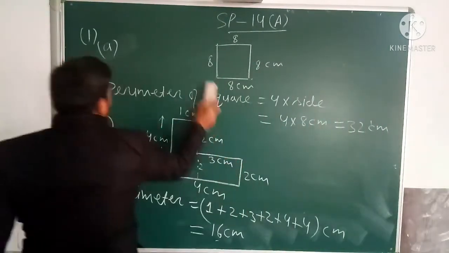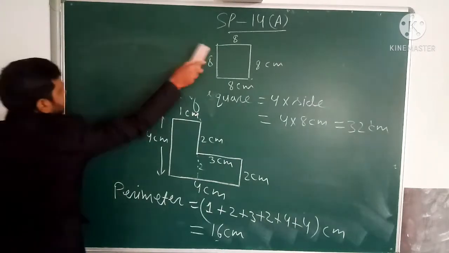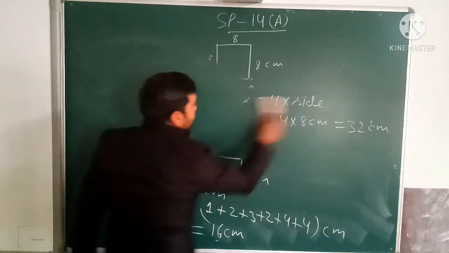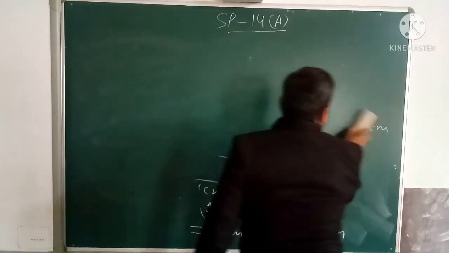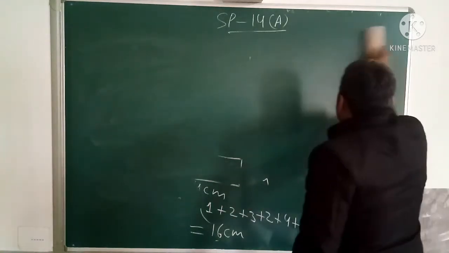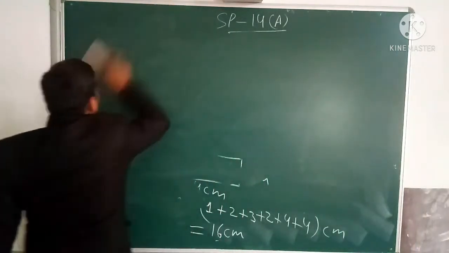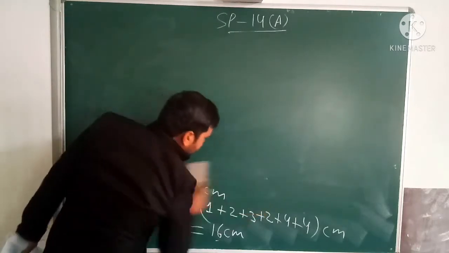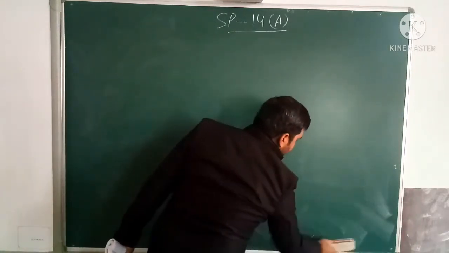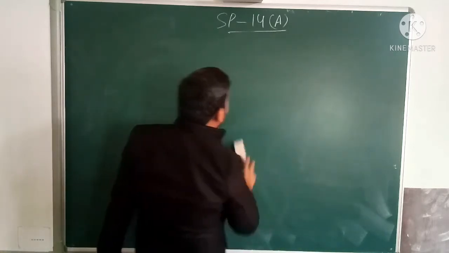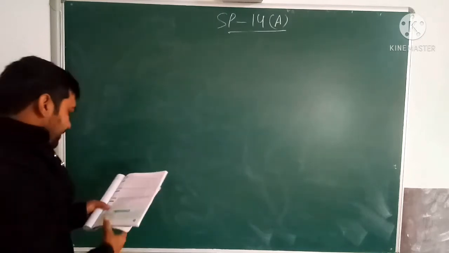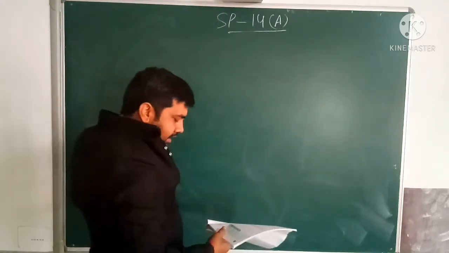Okay. So now we move to the next question. To calculate the perimeter of any figure, you have to move around the boundary of the given figure. So calculate the boundary length of the figure, you will get the perimeter.